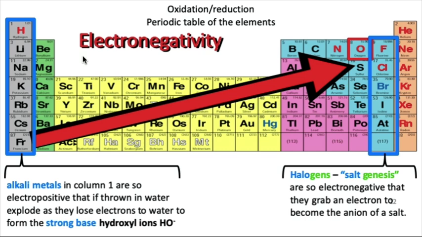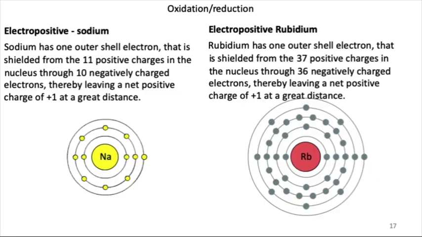And to complete this story, why is there a difference in electronegativity going from the bottom to the top of the periodic table? So for example, near the top of the periodic table, sodium really wants to give up an electron. But as we go further down, cesium or rubidium really want to give up that electron. They're even more electropositive. Why? Well, if we look at those electrons, we see that in the case of sodium, that lonely outer shell electron is separated from the positively charged nucleus by 2 inner shells of electrons.